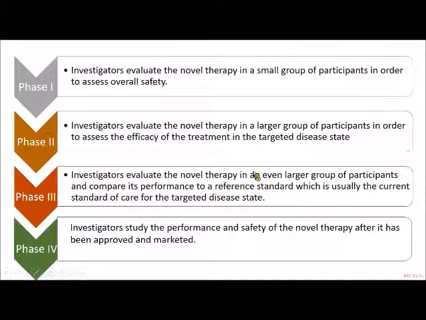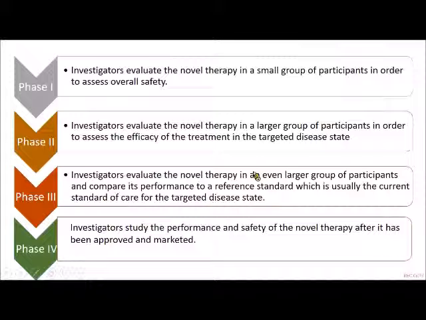This phase typically employs an RCT design, meaning randomized controlled trial, and often a multi-center RCT given the numbers of subjects that must be recruited to adequately test the hypothesis.